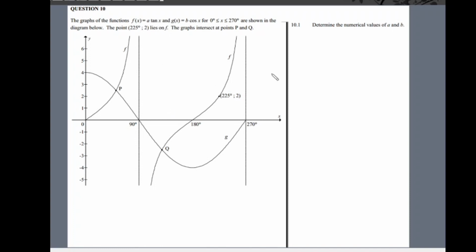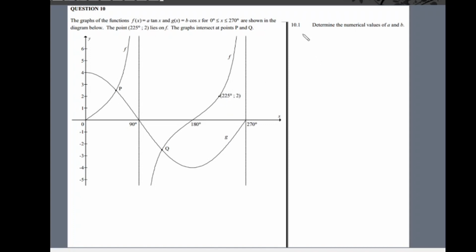So now in this question they want us to determine the numerical values of a and b, right? So looking at the graph of f, we have some information where if we input a certain value, like for instance inputting 225 in the graph of f, we'll get a y value of 2.